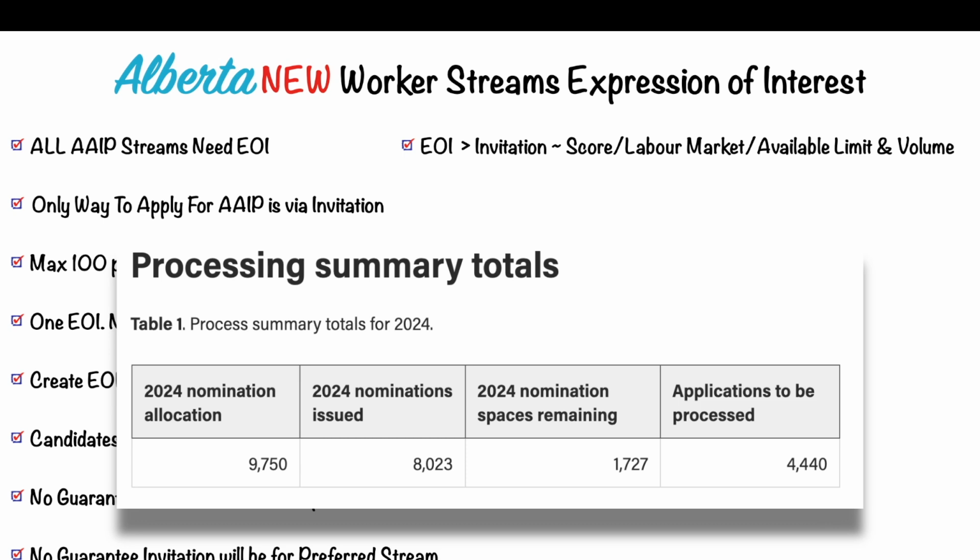Now, say between now and the end of October, if Alberta receives 10,000 expressions of interest, it can only issue invitations to a limited number of people because the number of invitations left is limited. So that has to be considered when you are creating an expression of interest.